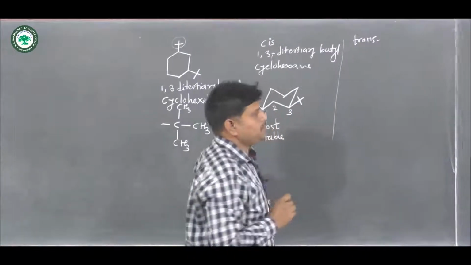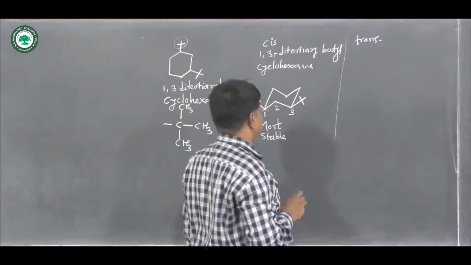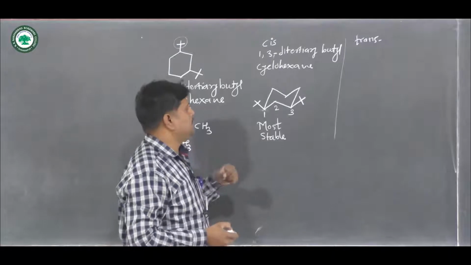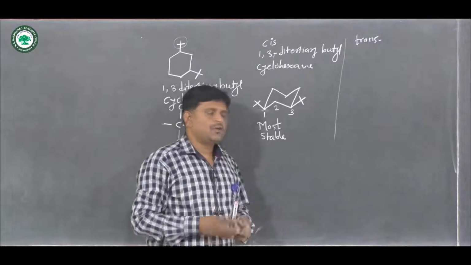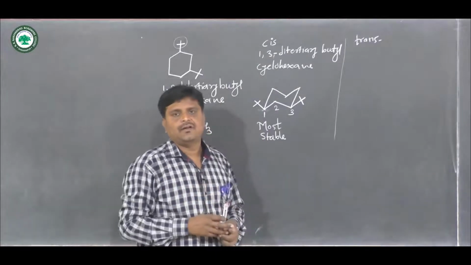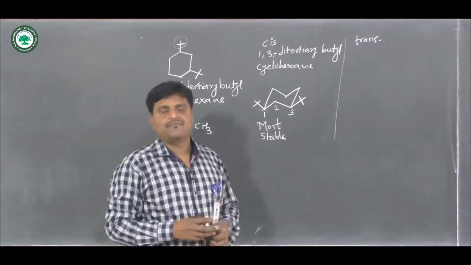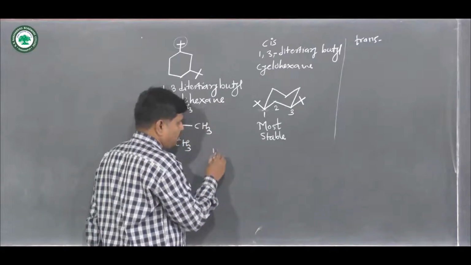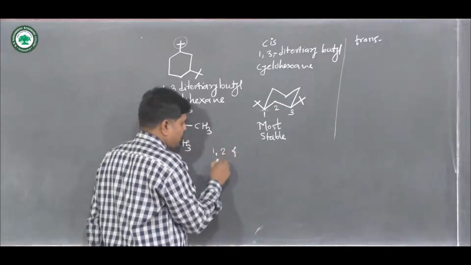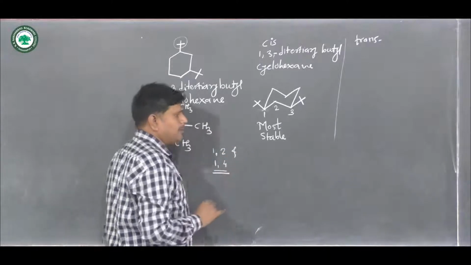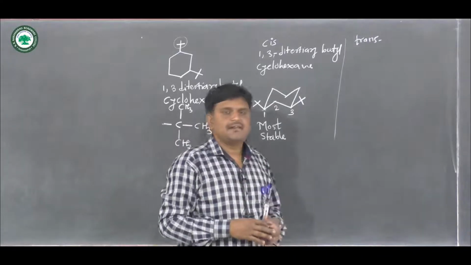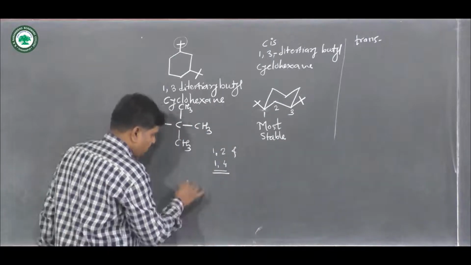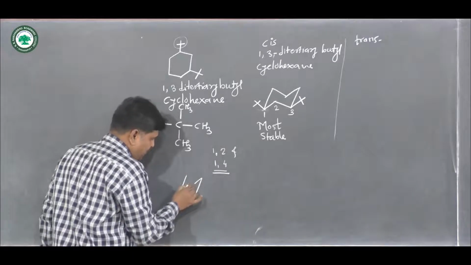Then we go for its trans isomer, trans 1,3-ditertiary-butyl cyclohexane. First, remember one thing: suppose we go for 1,2 and 1,4 disubstituted cyclohexane. Both positions are different as compared to the 1,3 position.